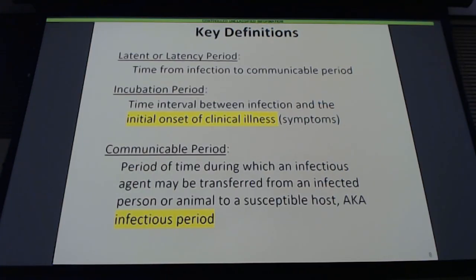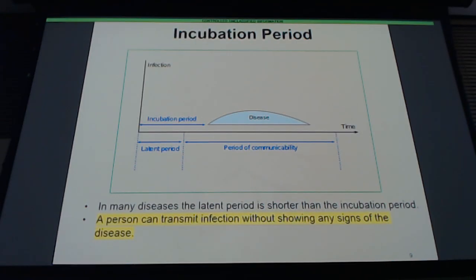And then your communicable period, during which the infectious agent may be transferred from an infected person or animal to a susceptible host. It's the time that you're actually sick, right? Or you can spread it. Right? And that's what this little diagram here is for, right?